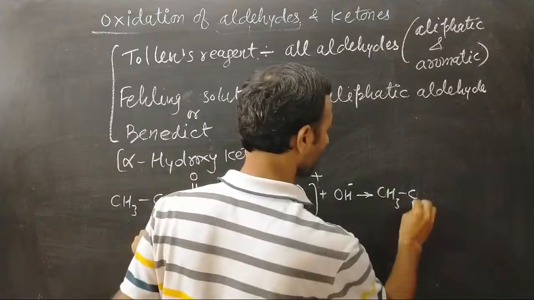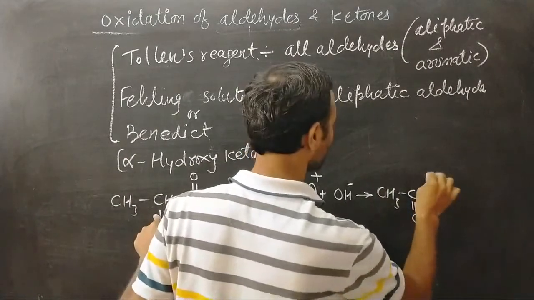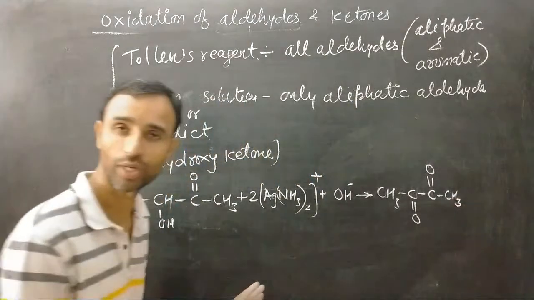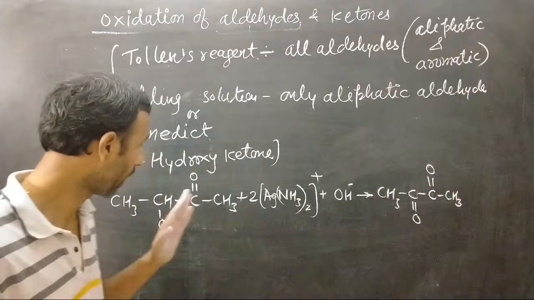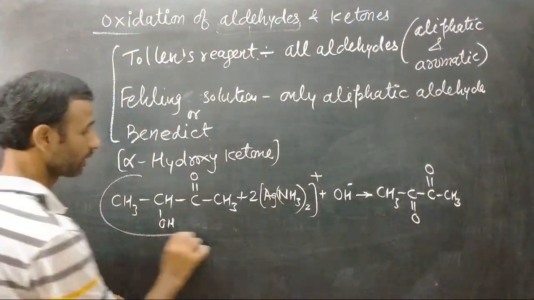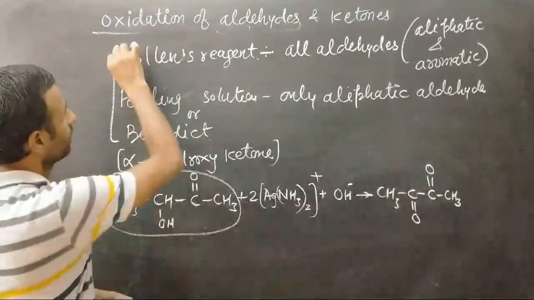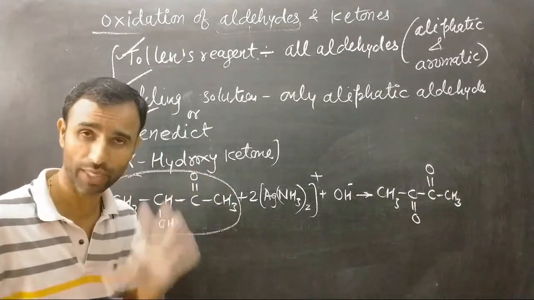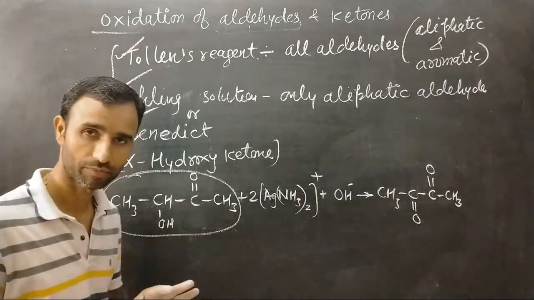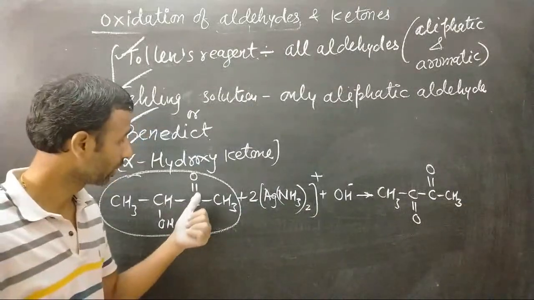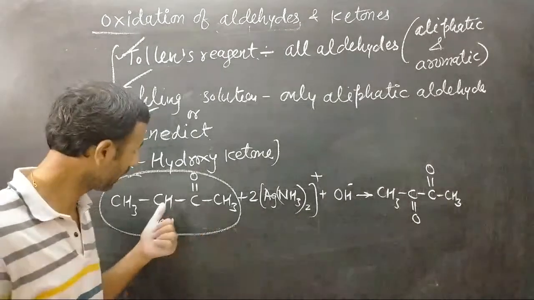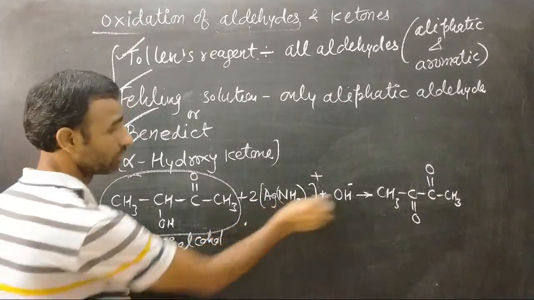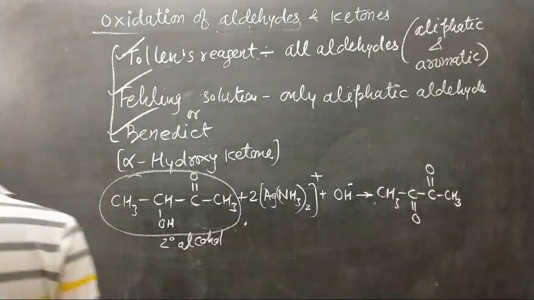See, secondary alcohol is oxidized to ketone. So only alpha hydroxy ketones can reduce Tollens reagent, Fehling solution, Benedict solution. Keep in mind, only this one, because here the ketone has no role to play, only the secondary alcohol gets oxidized to ketone.